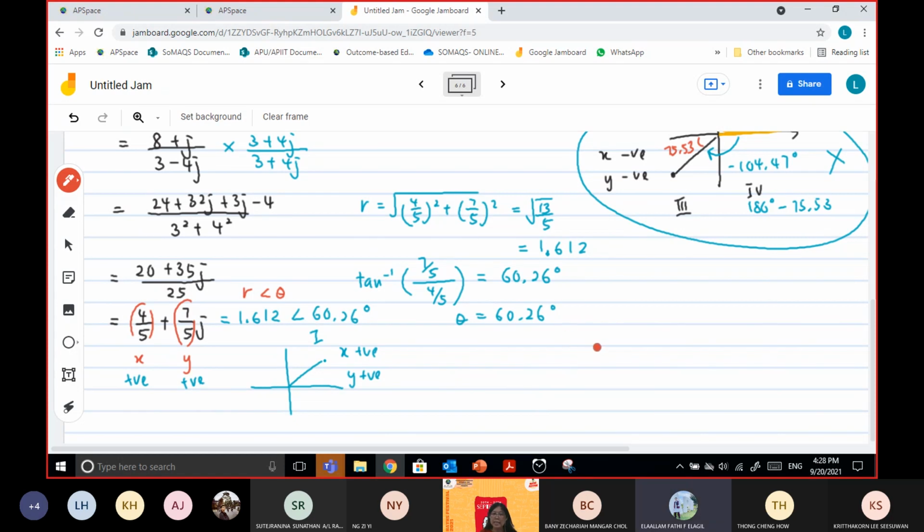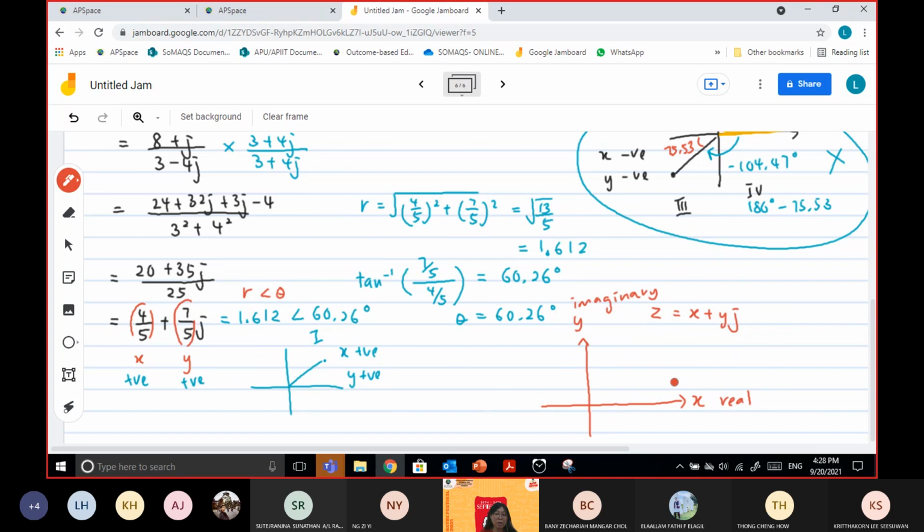As I said, when you have z equals x plus yj, and you present it in the diagram, the x is the horizontal axis, for the real part. And the y is the vertical axis, the imaginary part. So basically, you just follow the normal coordinate system.